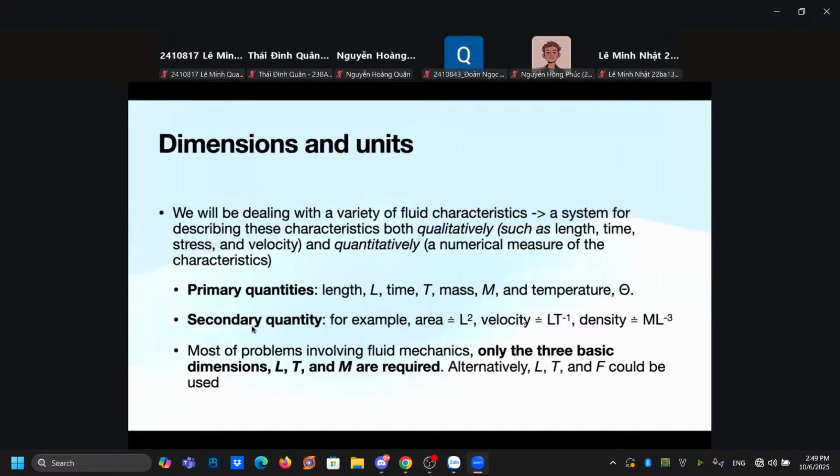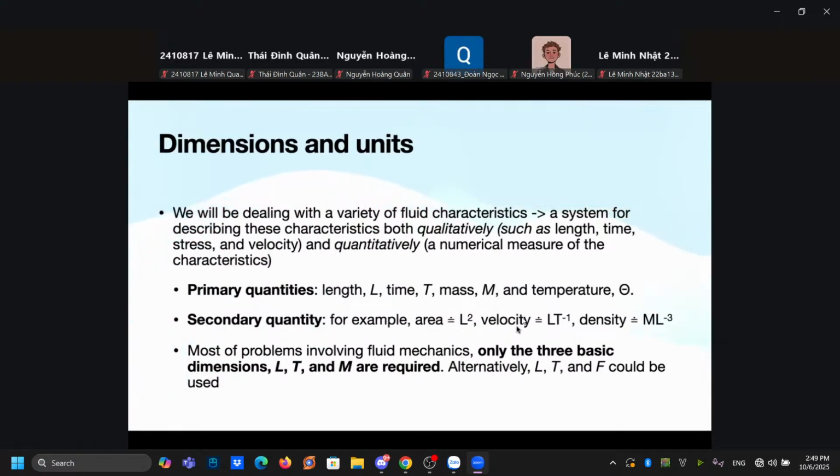Based on the primary quantities, we can have secondary quantities. For example, the area is length multiplied by length, so that is the square of the length.